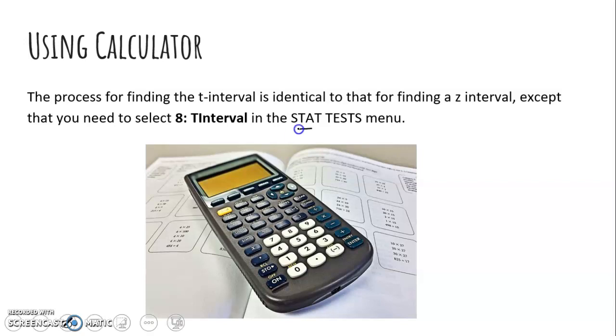You're going to go to stat, then you're going to arrow right to tests, just like we did before. But instead of choosing 7, we're going to choose 8, T interval. And we choose T interval when we are estimating the confidence interval for a mean and we don't know the population standard deviation, but we do know the sample standard deviation.